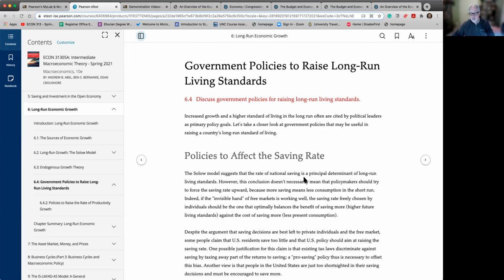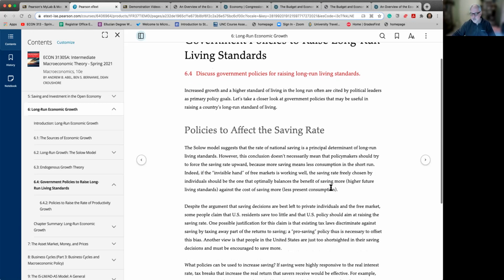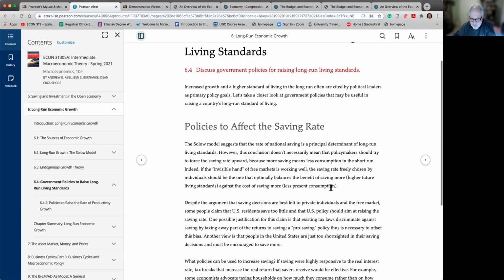Well, we know back from chapter 4 and chapter 5 that savings rates matter. The amount of saving in the economy matters in terms of how much investment in new capital occurs. The more saving there is, the more investment in new capital, and the more capital workers have to work with. So it increases the capital per worker ratio, which increases labor productivity.